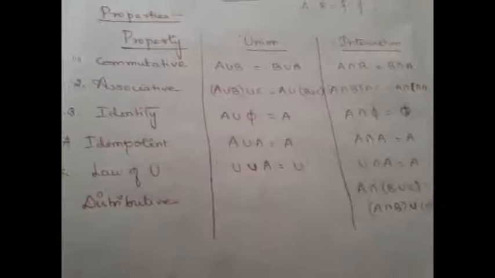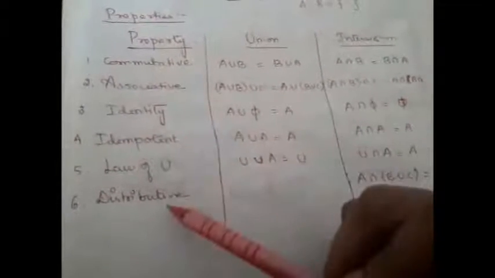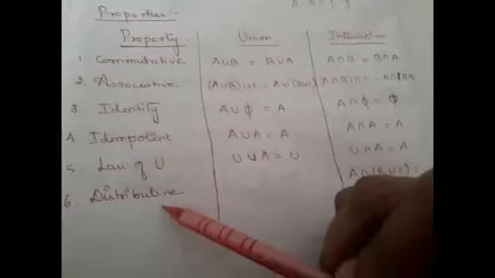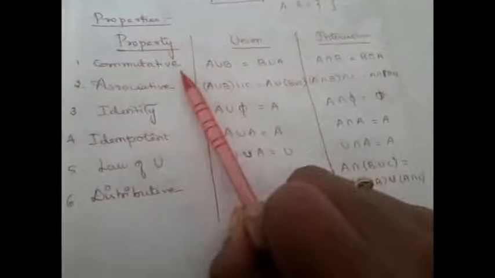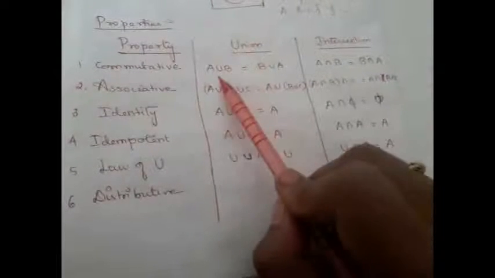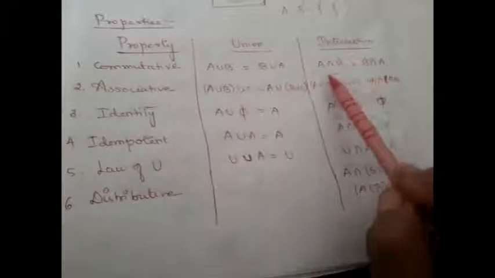Next we will see properties of two operations, union and intersection. We know already, we have seen all these properties on integers, whole numbers, right? So the same properties we are going to see whether it is applicable for the operations on sets. First one is commutative property. Commutative means union is commutative. A union B is same as B union A. Similarly, intersection is also commutative.